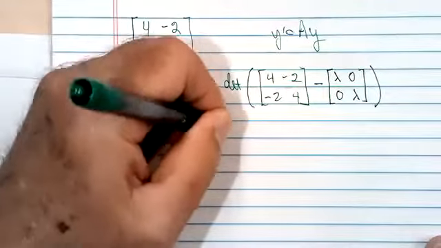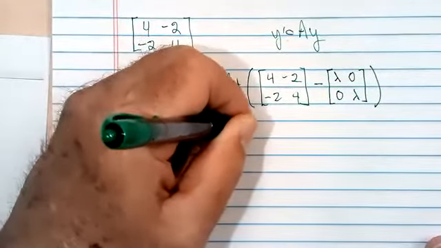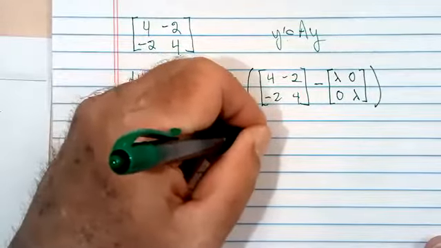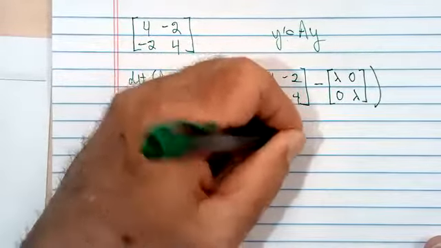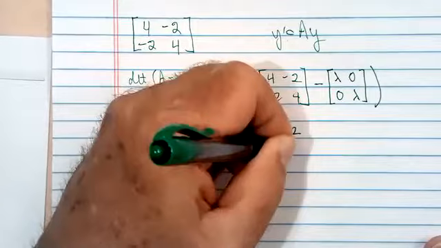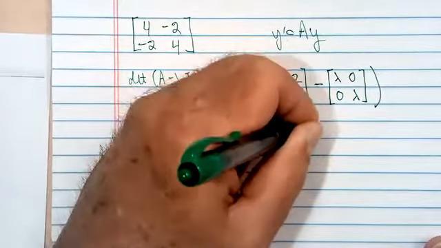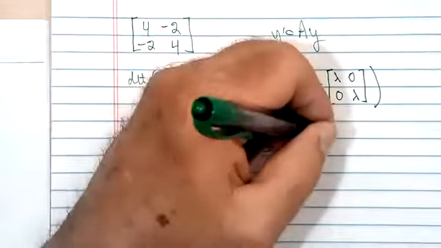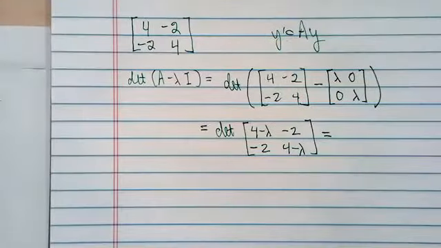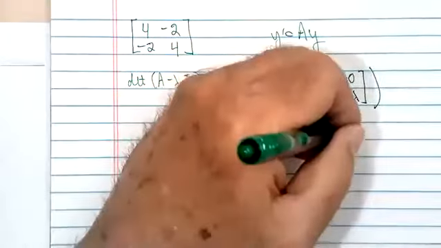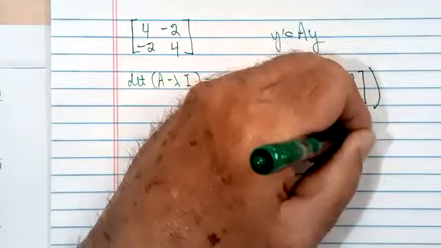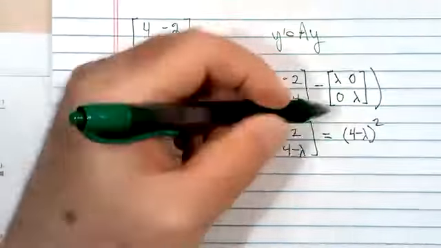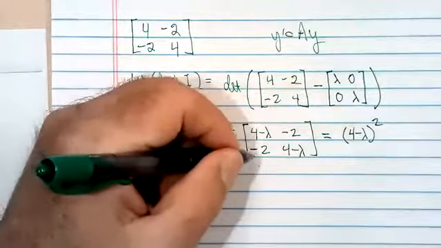So I want the determinant of that thing. And that is the determinant of this matrix right here: 4 minus lambda, negative 2, negative 2, 4 minus lambda. Okay, and since it's a 2 by 2, the determinant isn't too hard to get. It's 4 minus lambda squared, or you could say lambda minus 4 squared, wouldn't matter. And this times this, plus 4. Wrong, minus 4.